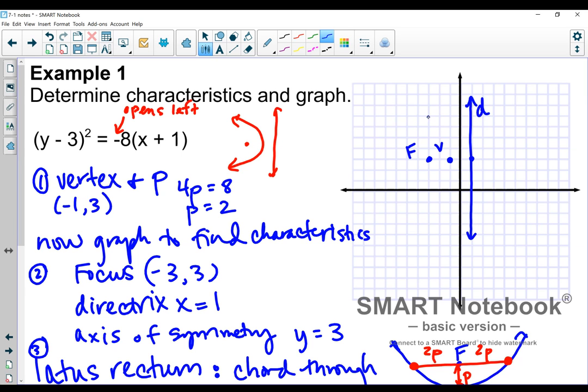So we'll go 4 units up and we'll go 4 units down. So again, that means this is p and this is 2p and this is 2p. So if p is 2, then I have to double that and go 4 units down from my focus, 4 units up from my focus. And then those 3 points are the points I'm going to connect and actually draw my parabola.